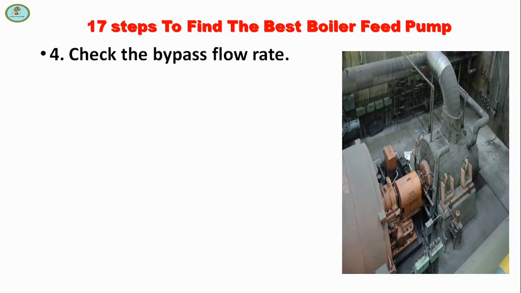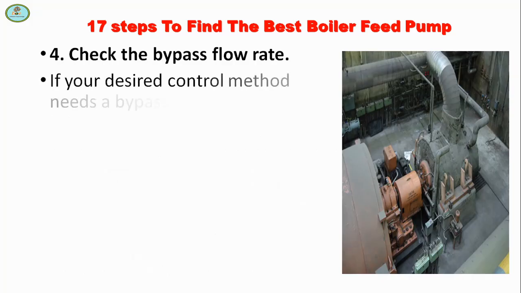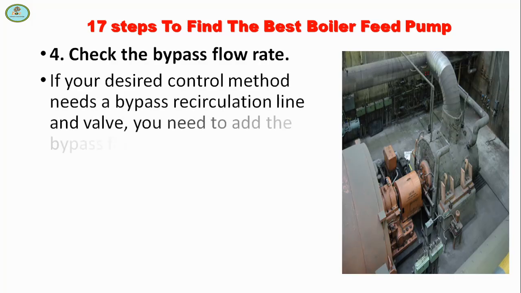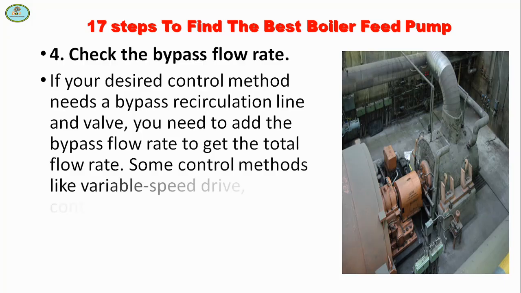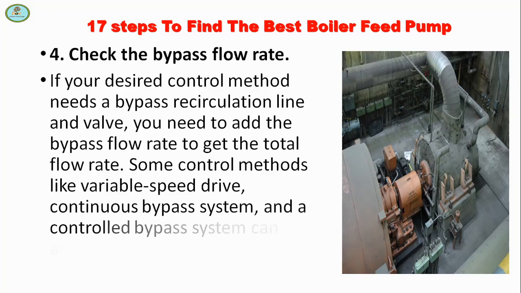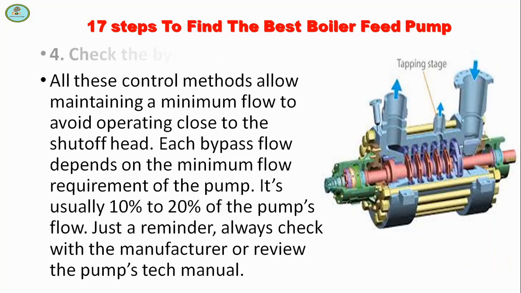Fourth is check the bypass flow rate. If your desired control method needs a bypass recirculation line and valves, you need to add the bypass flow rate to get the total flow rate. Some control methods like variable speed drive, continuous bypass system, and a control bypass system can affect your total flow rate.